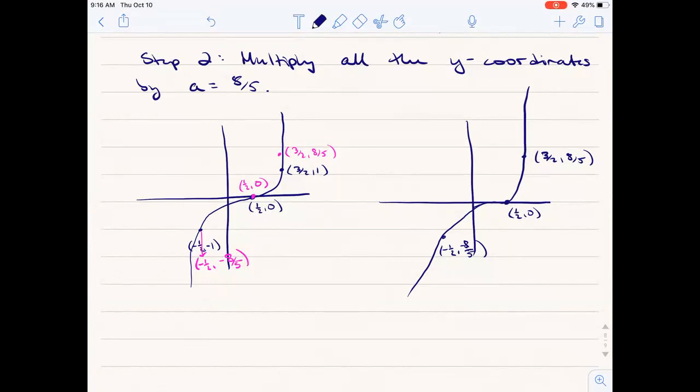But as long as you're showing me that you know the general shape should be like this and not some weird, choppy line. Maybe this isn't the best graph, but as long as you're showing me you know the general shape of it, then that's fine.